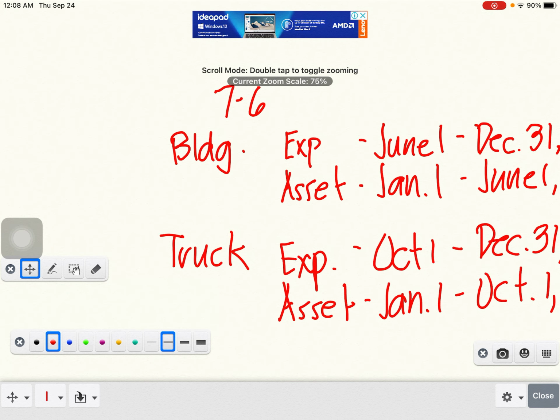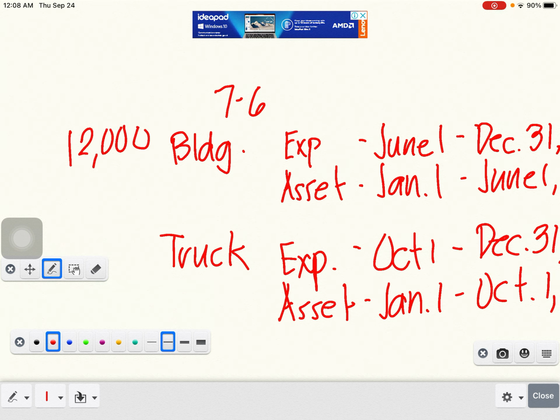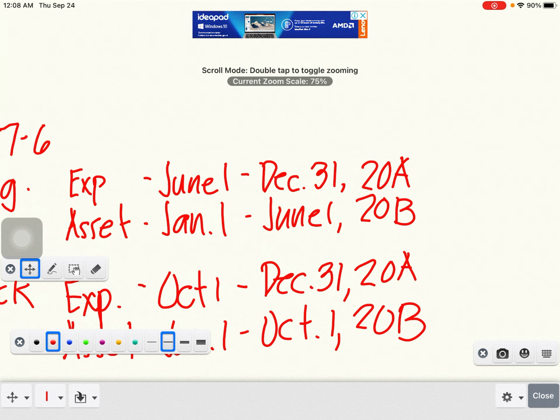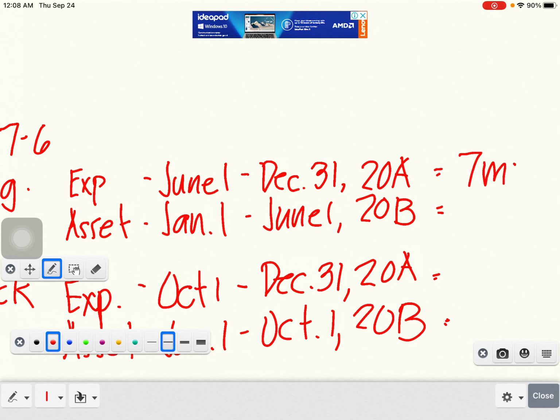So how much is the building? That is 12,000 and 6,000. How many months is the expense portion of the building? This is June, July, August, September, October, November, December. So 7 months.